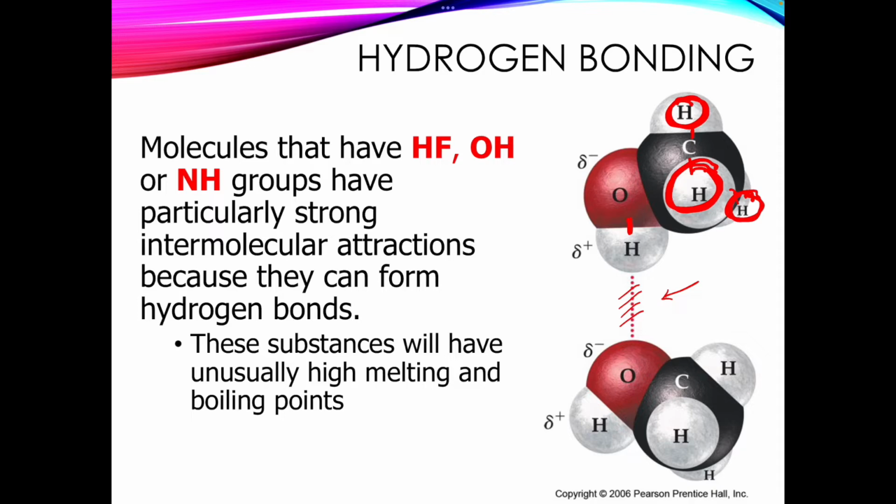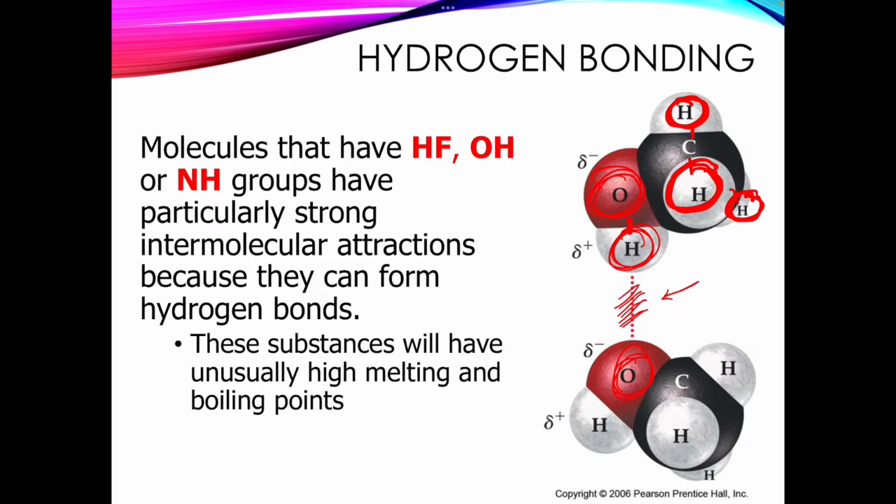Carbon is not very electronegative, right? It's similar to hydrogen. So since carbon is not very electronegative, these hydrogens do not become very electropositive. So they're not going to form a strong attraction with another atom. We only see that when we have this atom being really electronegative, making this one really electropositive, so it's going to have a very strong attraction to another partial negative atom.